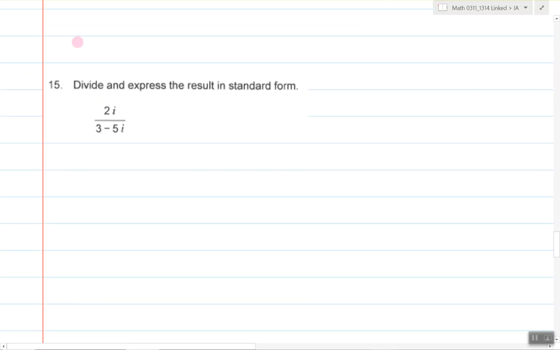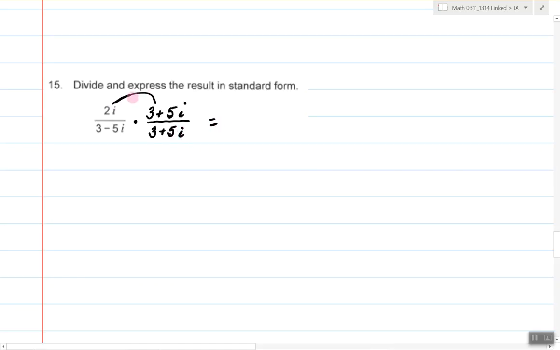Let's look at number 15. To perform the division, I really don't feel like I'm doing any division. I'm using the conjugate of the denominator, 3 plus 5i over 3 plus 5i.